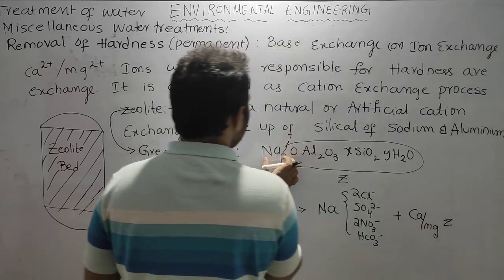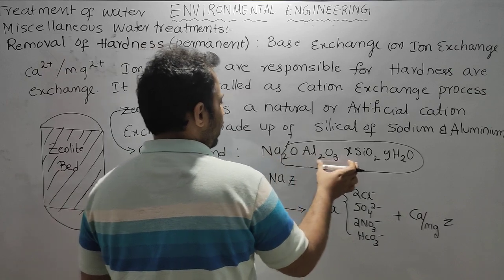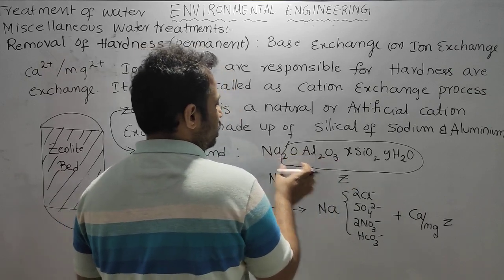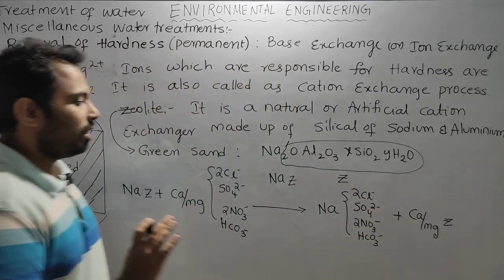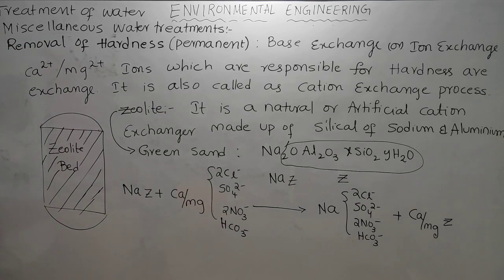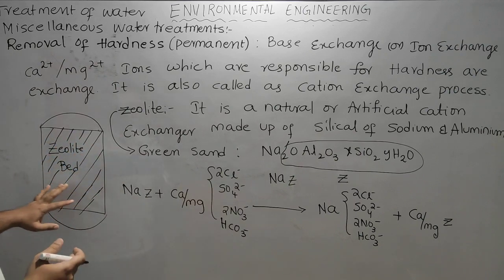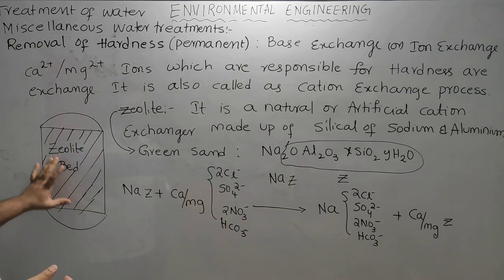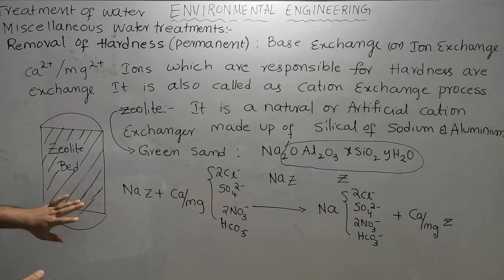So this Na2 will be replaced by the calcium and magnesium, and at some time or other this process is completely taking place. At some point or other, all the sodium ions present here will be completely replaced with calcium and magnesium.